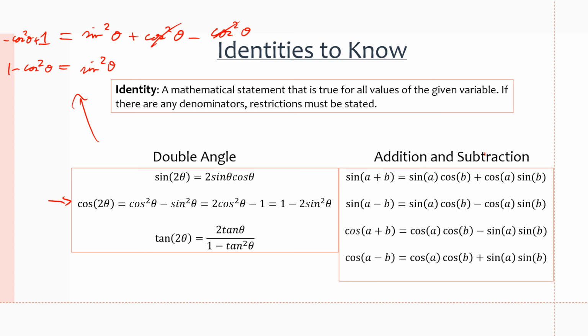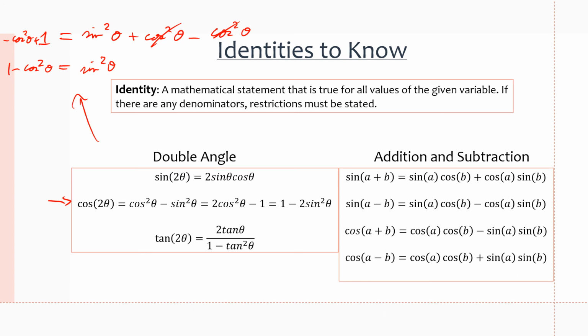And that's pretty much it. These are a little more complicated to remember because it's hard to remember what angle goes where and where the sine and cosine go.